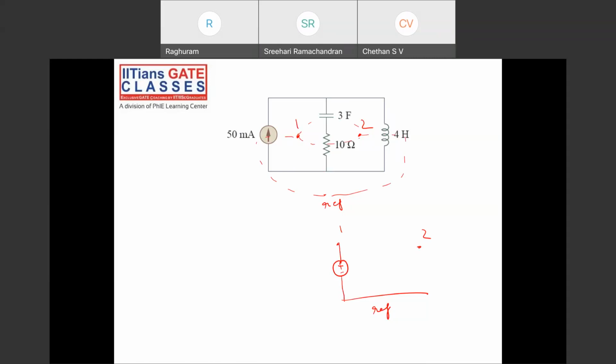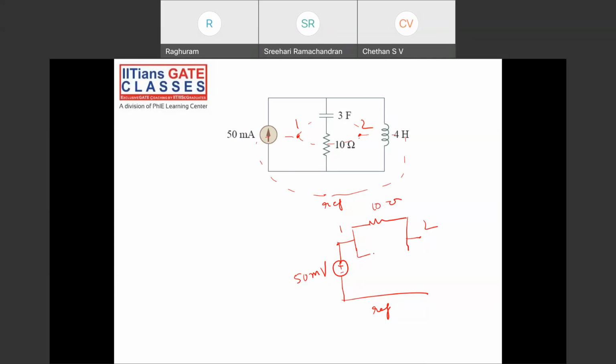So you'll have a voltage source of value 50 millivolts. From 1 to 2, there are two elements and they are in series. Now they will be in parallel. A conductance of value, sorry, 10 mho, or 1 by 10 ohms.